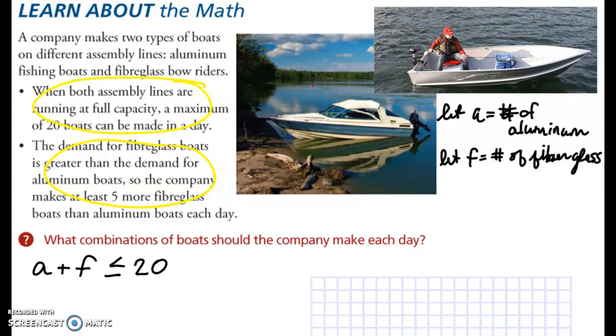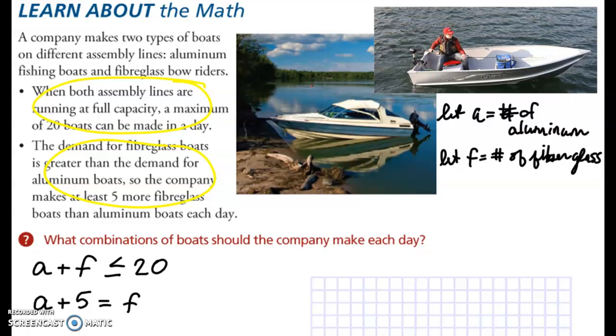So, if I'm comparing the number of aluminum boats to the number of fiberglass boats, I know that there's going to be 5 more fiberglass. So if I want to write this as an equation, I know that I need to say aluminum plus 5 is going to equal the fishing boats. Just think about this for a second. There's going to be 5 more fishing boats. So in order to make them equal, I need to add 5 to aluminum.